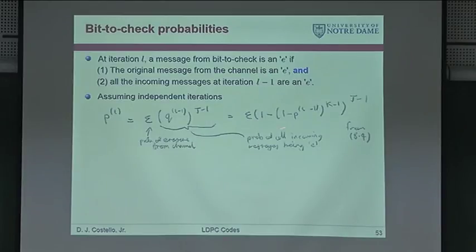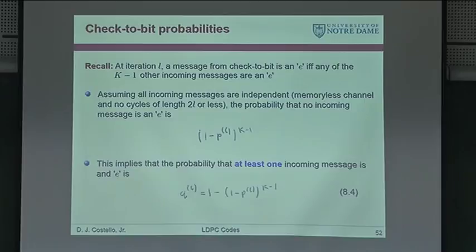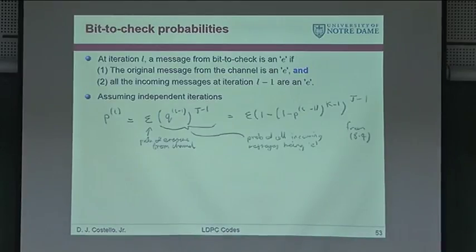Now this, in turn, from the previous expression was given by this, so we can plug that in. So this is 1 minus this. And again, this is an L here. I can't even read it on the slide. This is L minus 1 for iteration L minus 1.